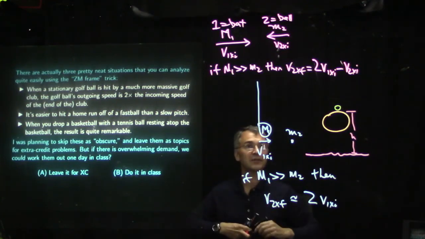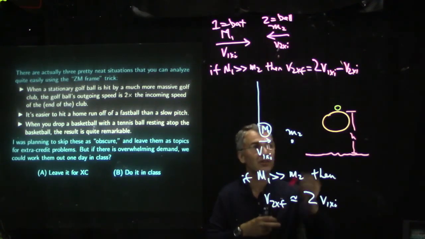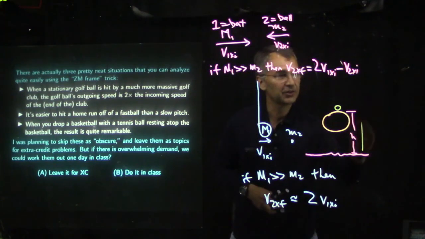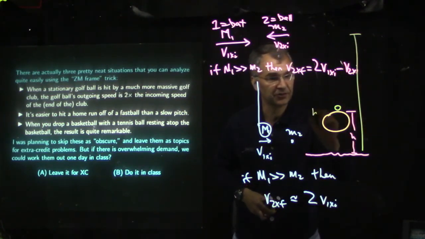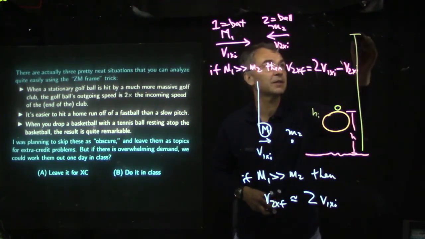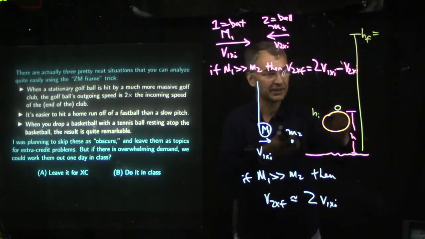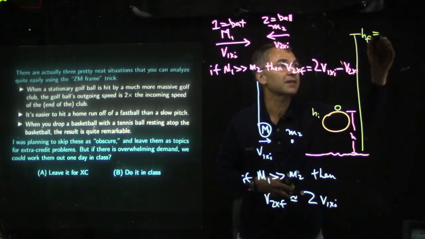Then it will turn out, and I think you need a result from chapter 7 to understand all of the why behind this, but it will turn out that this tennis ball reaches a final height. Let's call this h initial of the tennis ball. It will reach a final height which is, in this limiting case where the basketball is much, much more massive than the tennis ball, and also where the collision is perfectly elastic, 9 times h initial.